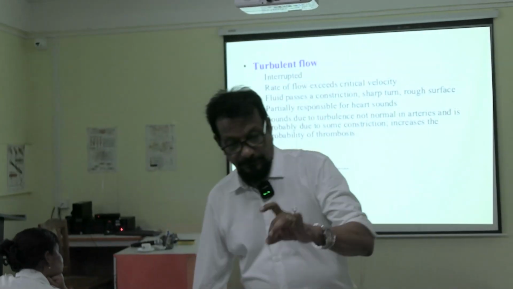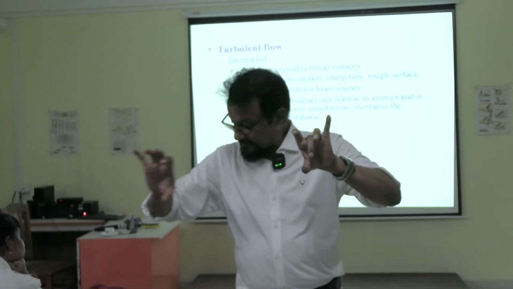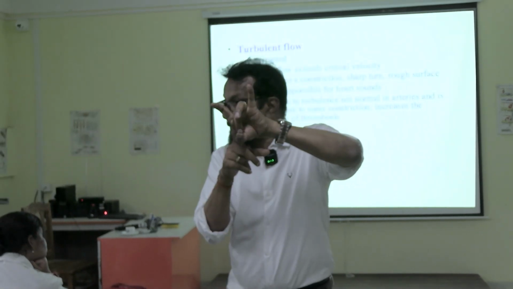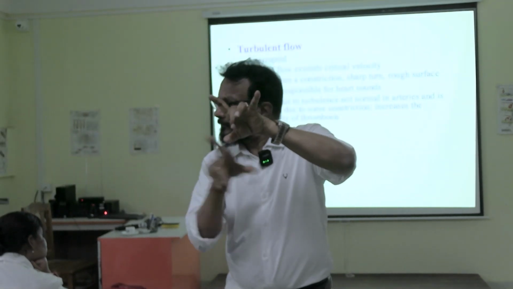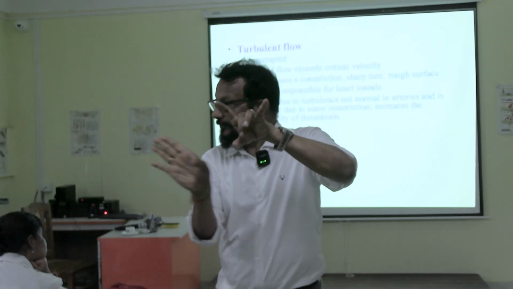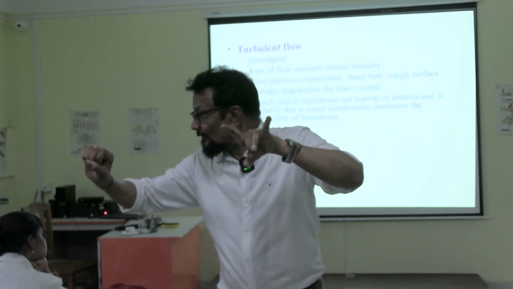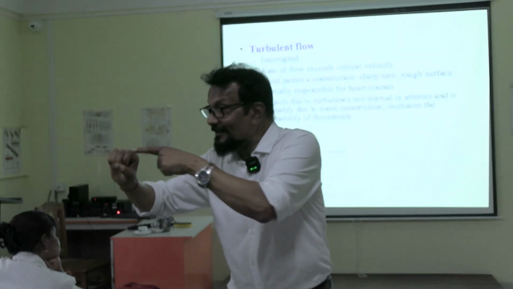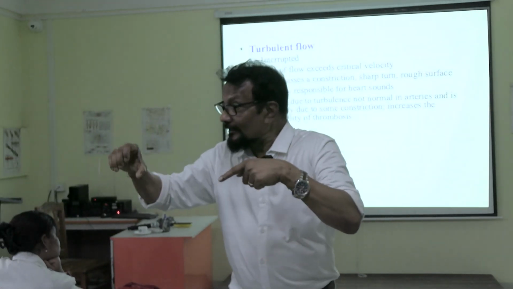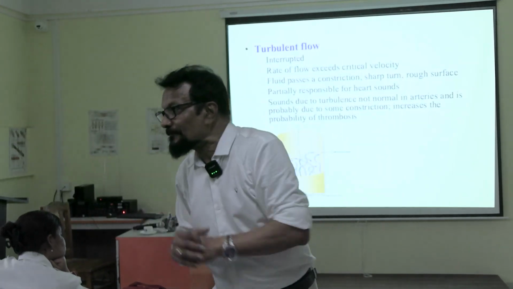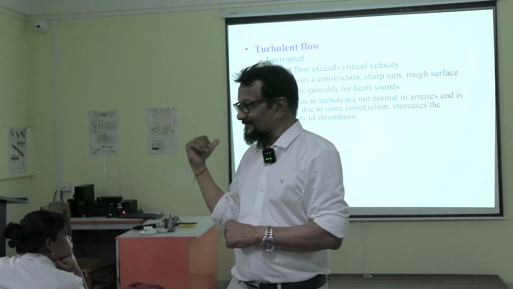How? This is one blood vessel. Suddenly, here it is having this much diameter, flowing, fine, laminar flow. But when some part is narrowed, velocity will be increased. Because of the increase in velocity, here it will produce turbulence.